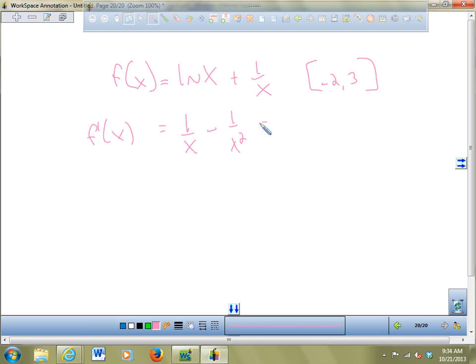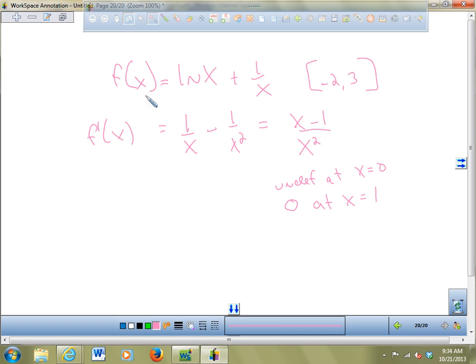Now if I simplify this, finding a common denominator, it equals x minus 1 over x squared, because if I multiply this by x over x, that's what I get.